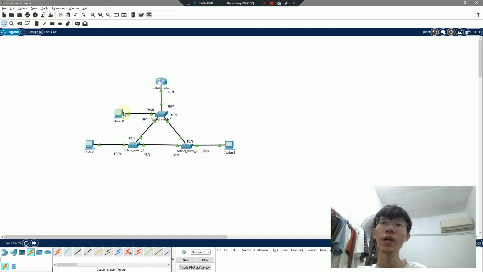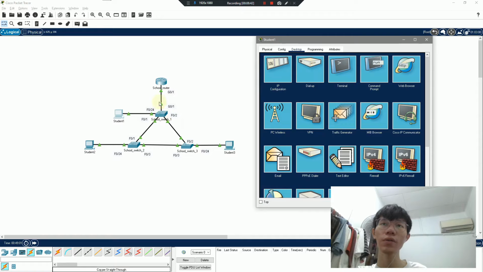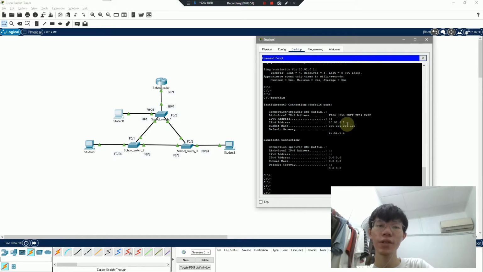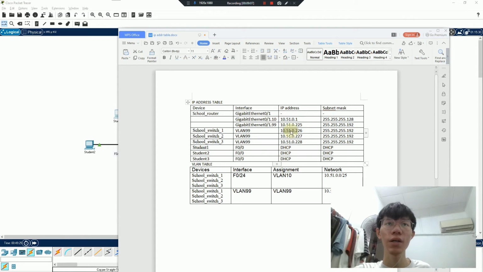Next is to try secure remote access to all the network devices. I will try from student 1, using SSH to router 1. First is router 1 with the username admin, and the IP address for router 1, here on the gigabit 0/1.99, is 10.51.0.225.